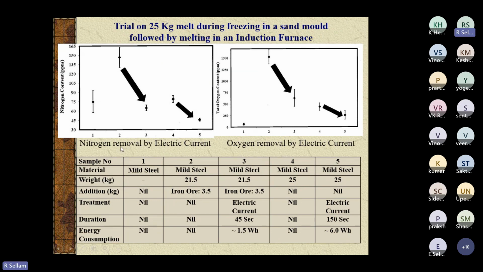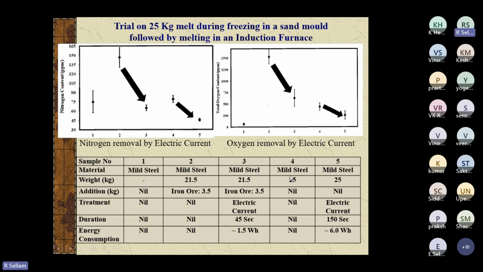Both nitrogen and oxygen were tried. Initially, our material is mild steel. Then we add iron ore to increase the oxygen content of the melt. Then mild steel with iron ore was treated with electric current for 45 seconds, consuming 1.5 watt-hour of energy.